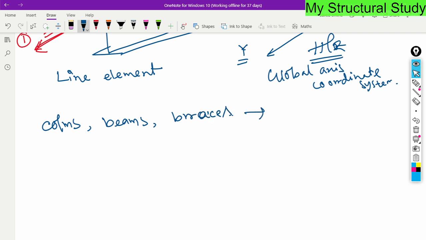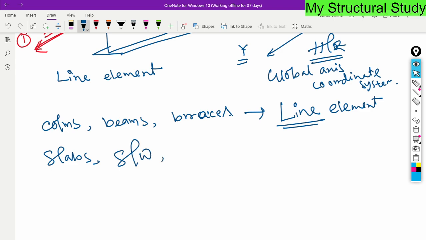These fall under the category of line element. And there is another type of element system, which we can call the area element: slabs, shear walls, ramps. These fall under the category of area element.